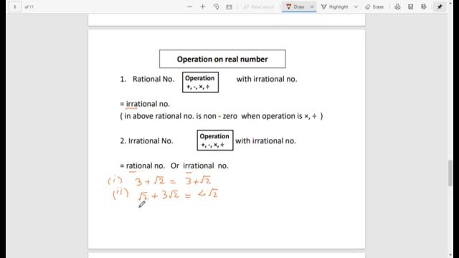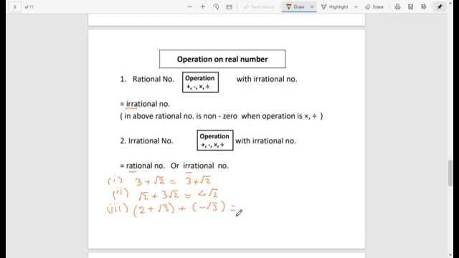Suppose here is a case where we get 2 plus root 3 plus minus root 3.